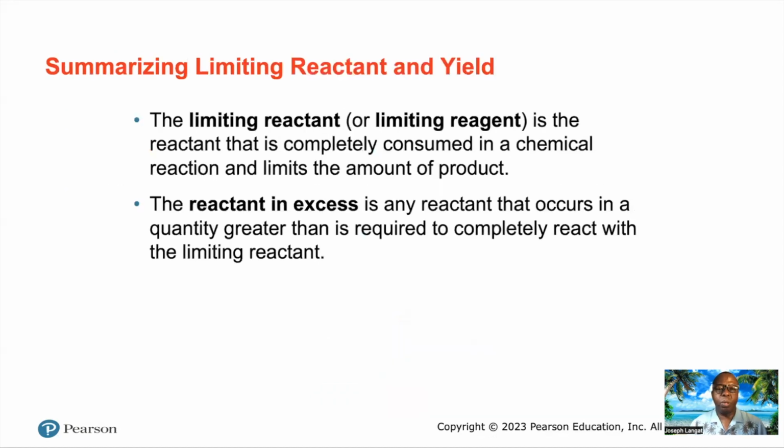You need to be able to calculate the theoretical yield and the percent yield from a chemical reaction. Sometimes you may be asked what will be the leftover from the excess reagent.